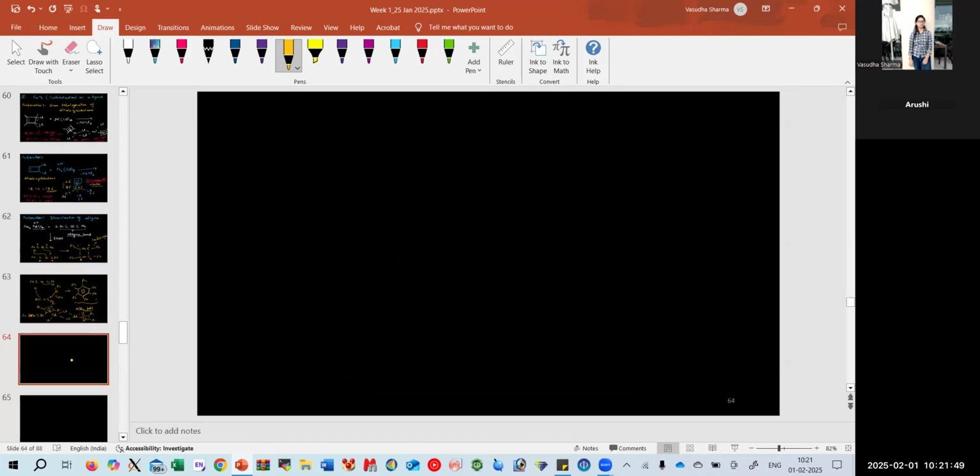Now the next method is called preparation by ligand transfer. That means if we already have a transition metal complex with the cyclobutadiene, and we treat that complex with some other transition metal salt, would that transfer the ligand or not? Let's see.